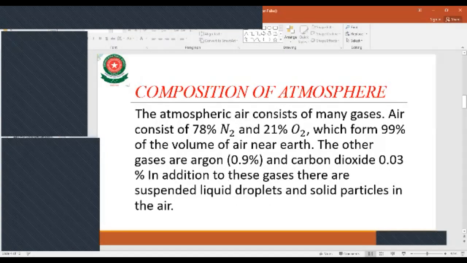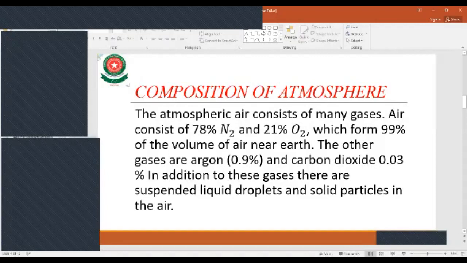The atmospheric air consists of many gases. Air consists of 78% N2 and 21% O2, which form 99% of the volume of the air near the earth.